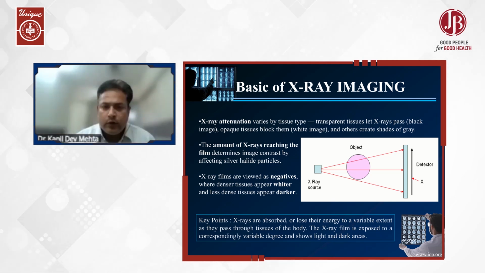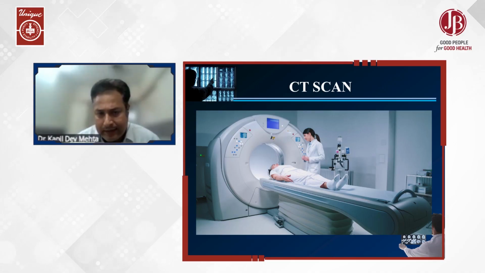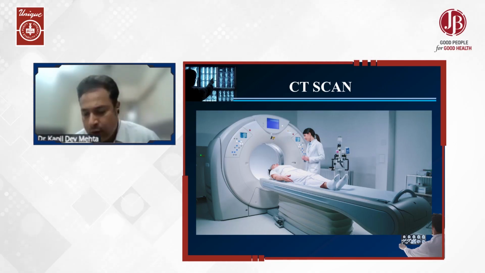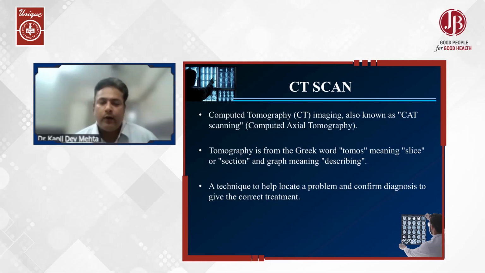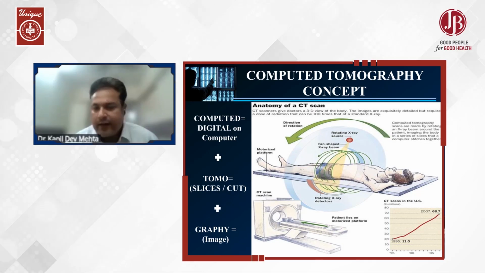Now using the same technology, the same rays of X-rays, CT scans are also used. CT scan is computerized tomography or computerized axial tomography. It is also like an X-ray, but you see what is happening.